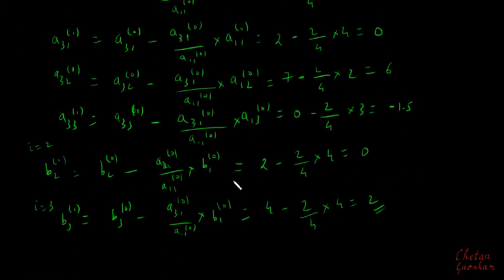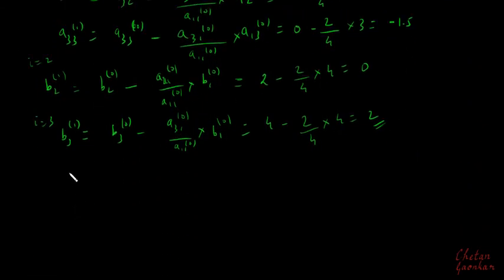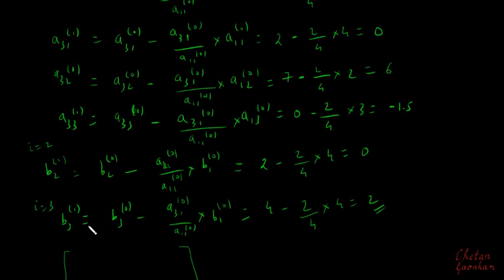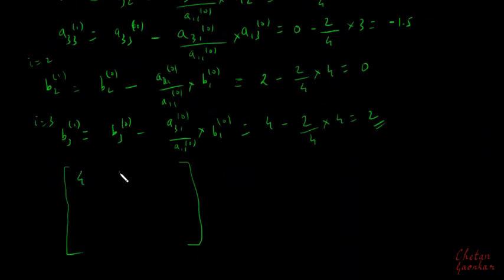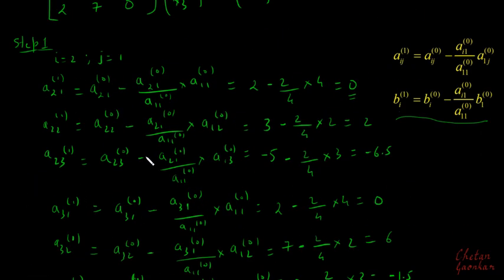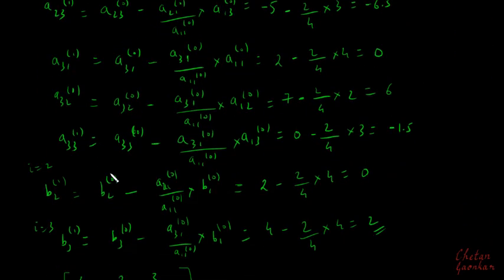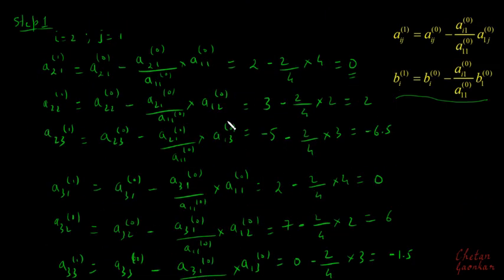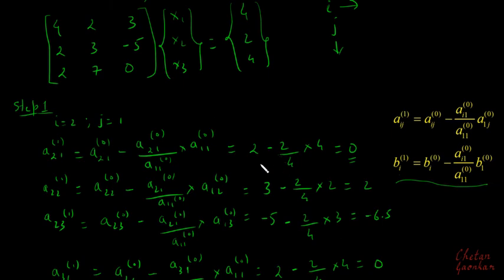So finally, after step 1, I need to rewrite the matrix with new elements. That is, the first row will remain as it is, 4 2 and 3. The second row will now change. This 2 will become 0, 3 will become 2, and minus 5 will become minus 6.5.